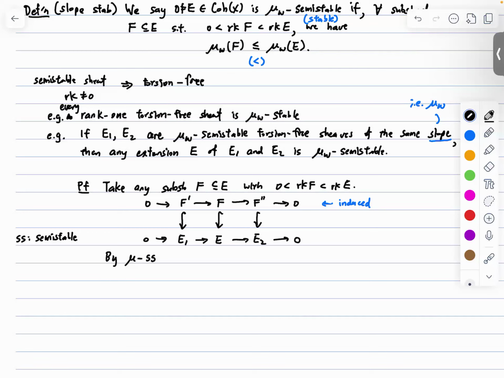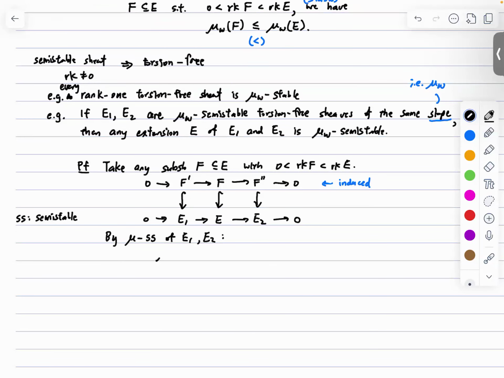By the slope semi-stability of E1 and E2, we know that the slope of F prime is less than or equal to the slope of E1, and the slope of F double prime is less than or equal to the slope of E2.